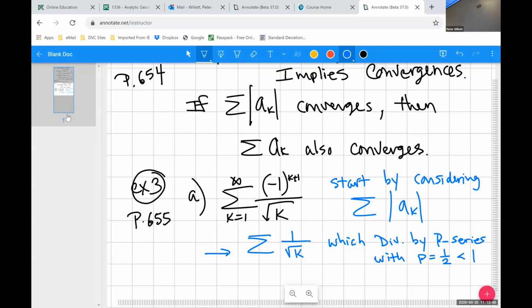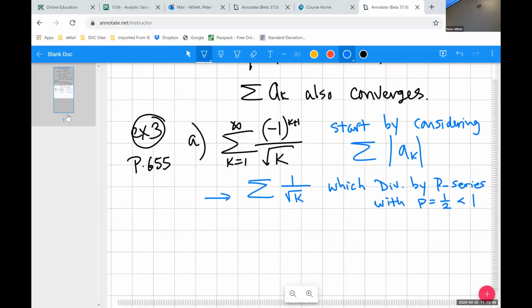And if that's the case, then we would label this as conditionally convergent. So how do we figure that out? Well, now we can't say that the absolute value converges, so we can't use that to get that this converges. So then we have to use the alternating series test.